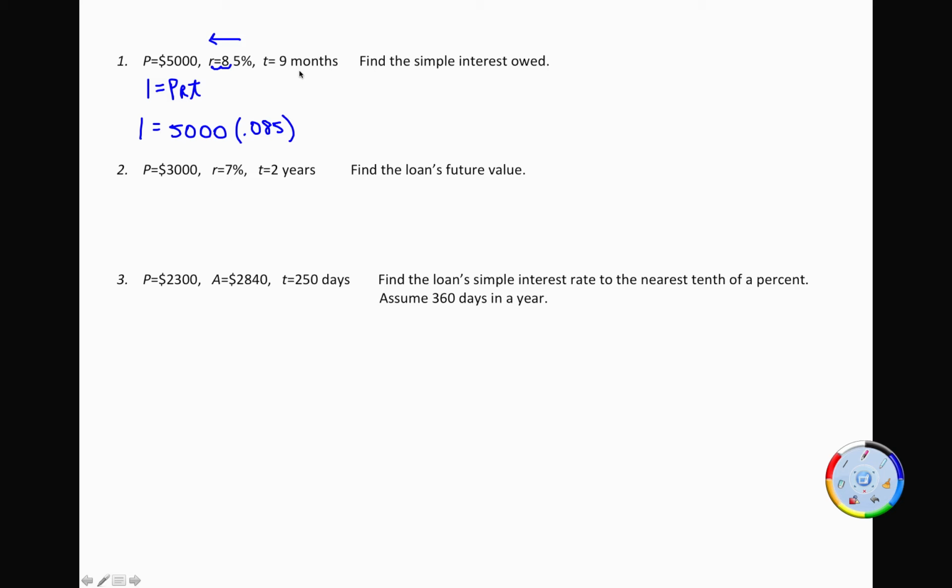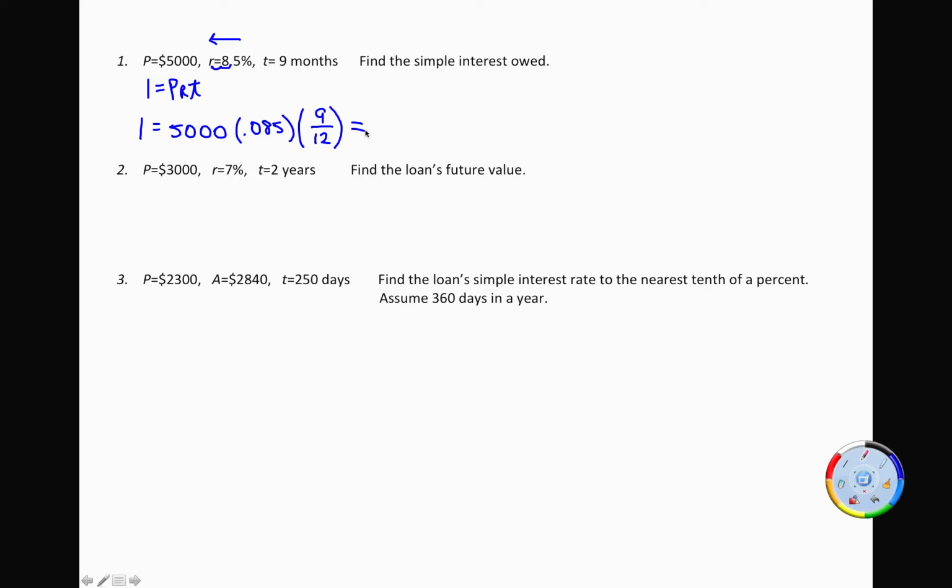There are 12 months in a year. Some of us might know that 9 months is 0.75 or 3/4 of a year, but if we don't know that, no matter how many months it gives us, this is the fraction of a year that 9 months is, 9 out of 12. If it was 7 months, I'd say 7 out of 12. If it said 10 weeks, I'd do 10 out of 52, the portion of a year.